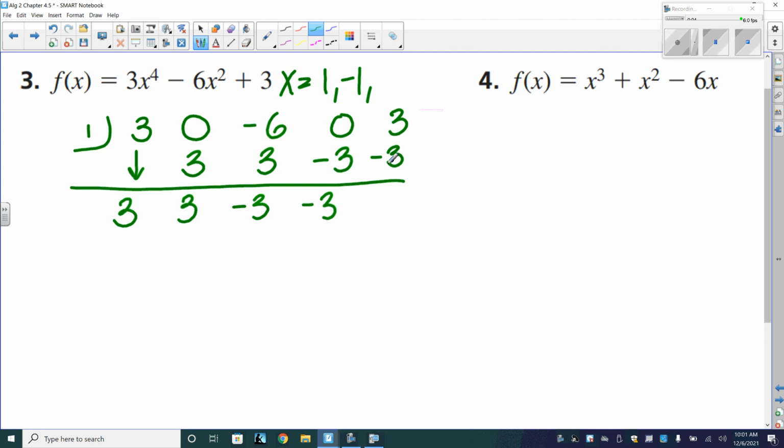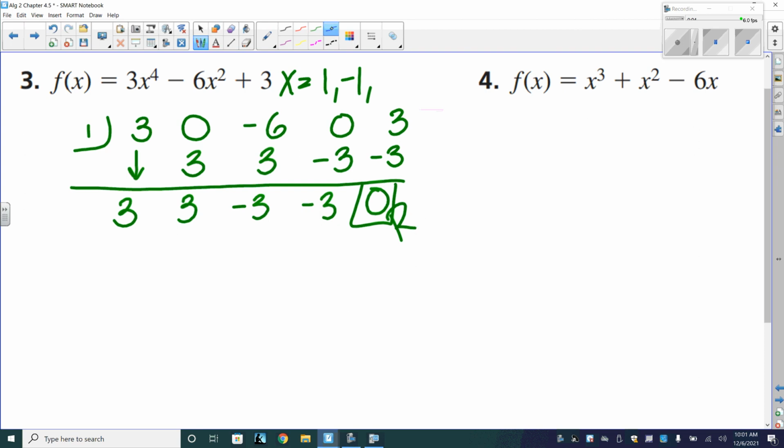And last but not least, 3 plus -3 is 0. And the last 0 would be our remainder. Did we expect the last number to be 0? Well, yes, because we know it's a solution, so the remainder has to be 0.